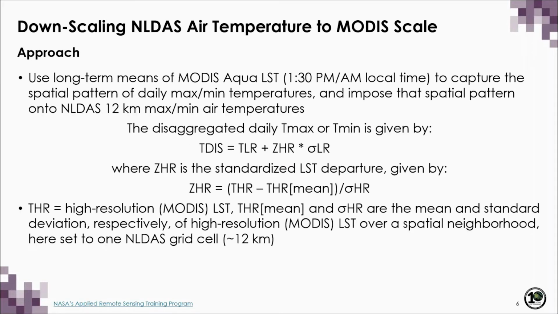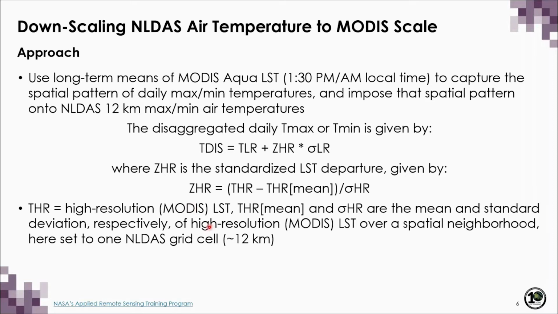So what we did, or actually our collaborators at the University Space Research Association, used this technique where they took 8-day composite means from the MODIS LST, and they captured the spatial patterns of temperature within each larger 12-kilometer grid cell. So the MODIS LST is 1 kilometer.